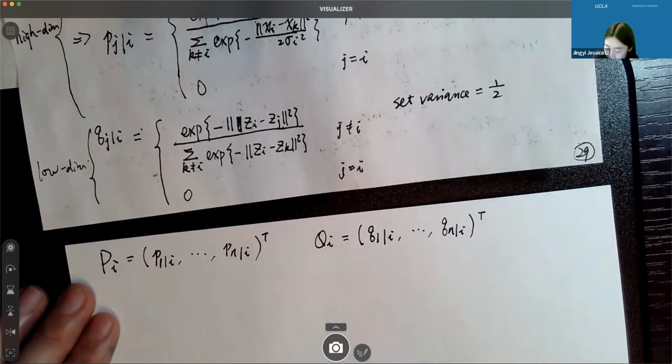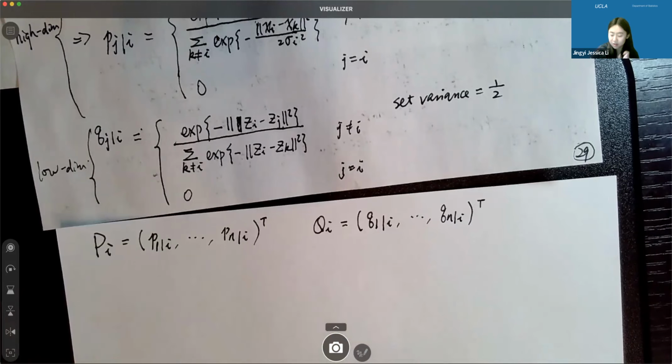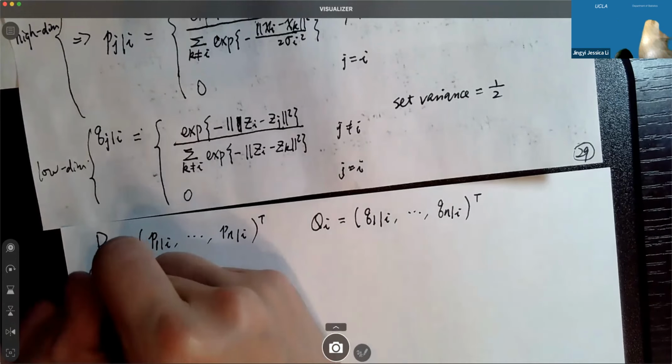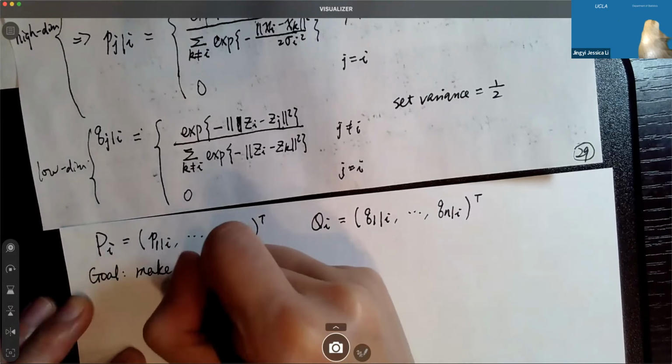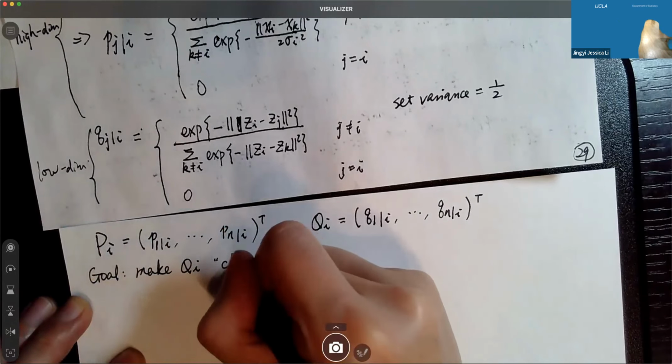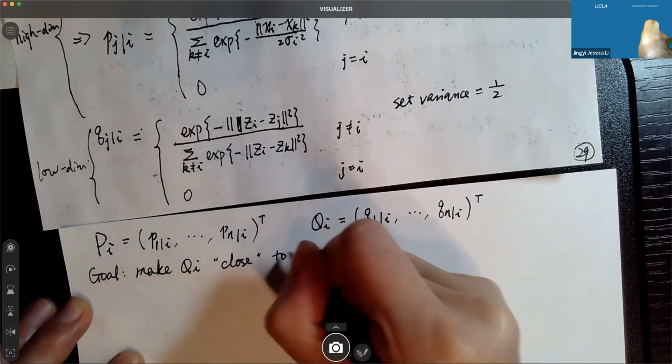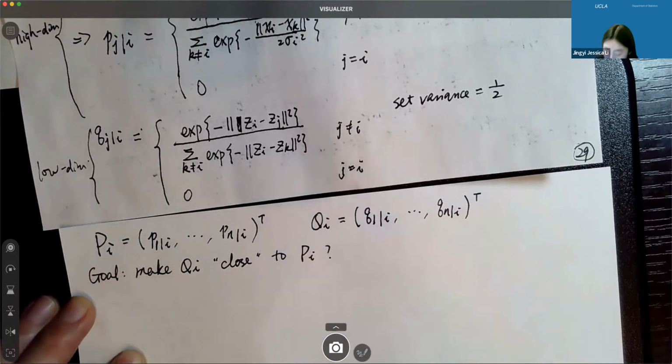Okay, that's it. So P_i is n-dimensional, Q_i is n-dimensional. And the goal is to make Q_i as close as possible to P_i. So that's the goal: make Q_i close to P_i.